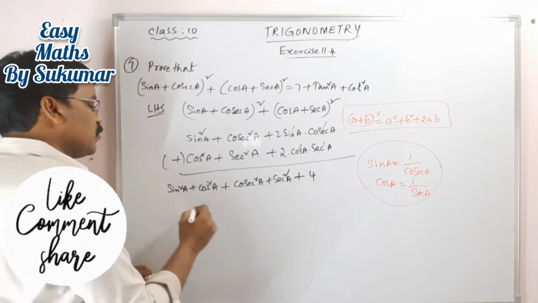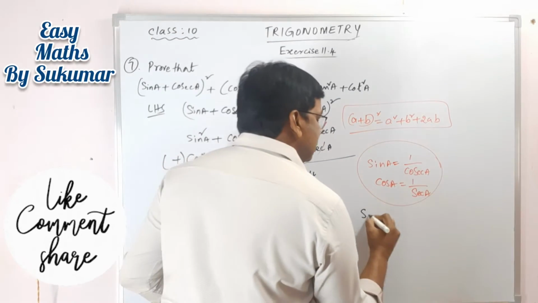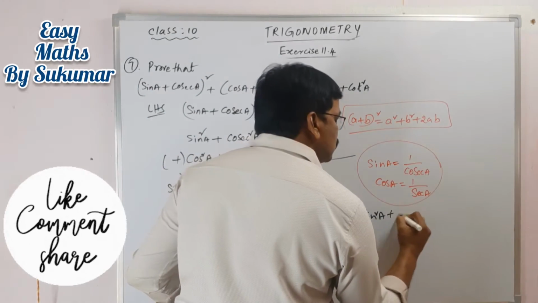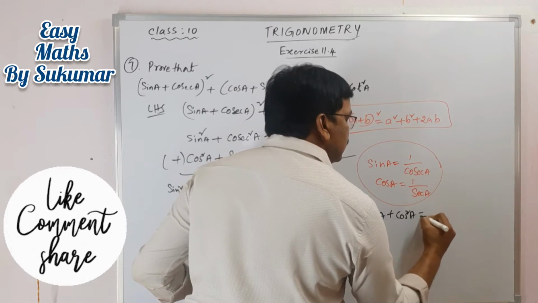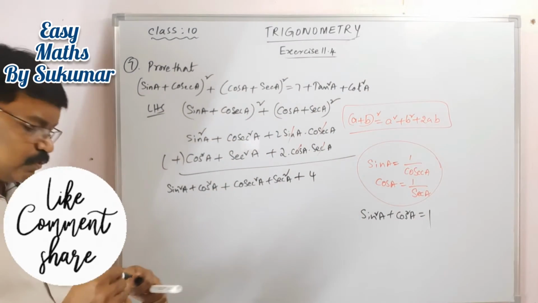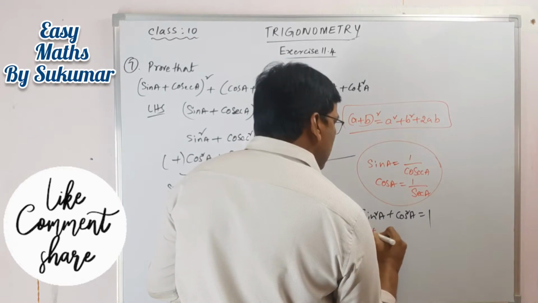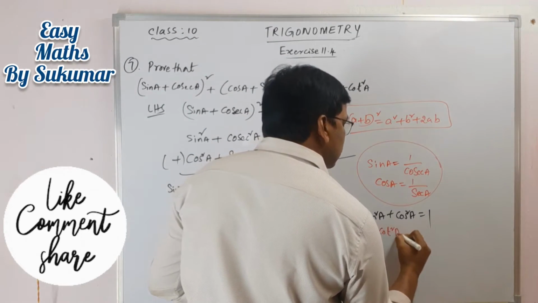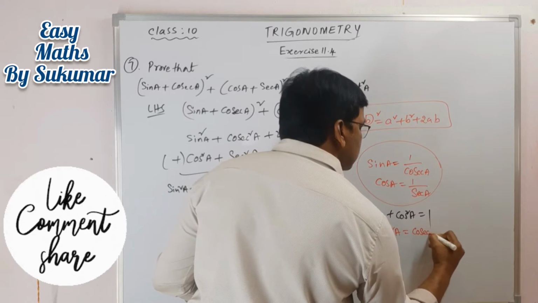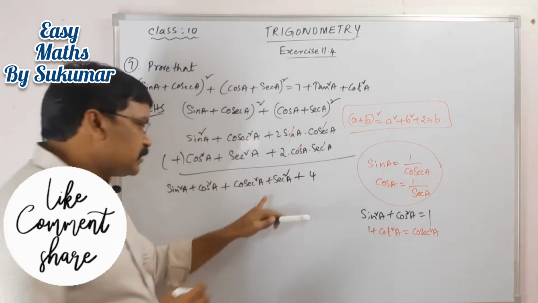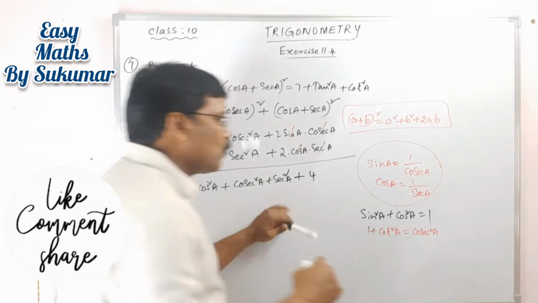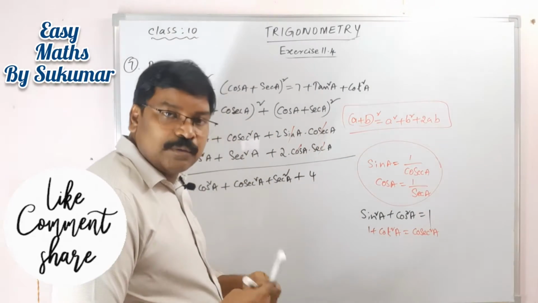So now, my dear students, sin square A plus cos square A means what? That is 1. Again I am using here: cosec square A means 1 plus cot square A. Again, sec square A means 1 plus tan square A. Am I right?